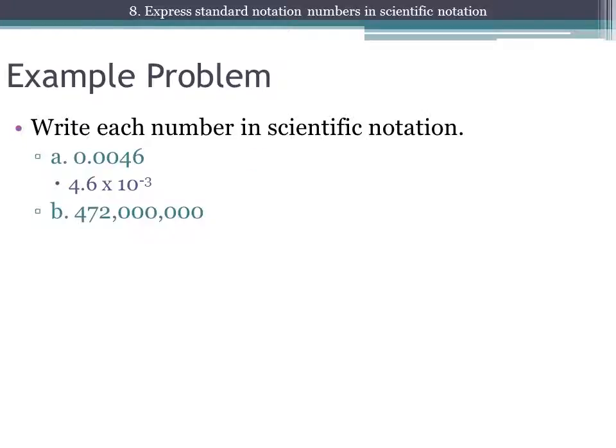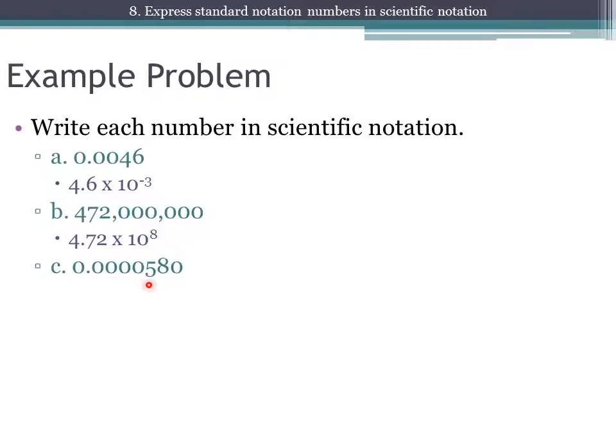Next, 472 million. The decimal point is going to go between the 4 and the 7. Again, one non-zero to the left of the decimal. In doing that, we move the decimal point to the left 8 spots. So 4.72 times 10 to the 8th. And all 6 of these zeros are not significant, so they disappear. Next, 0.0000580.